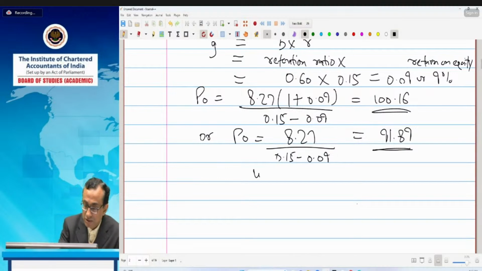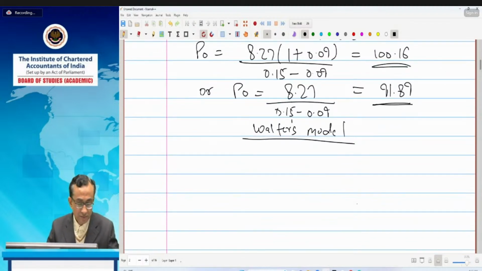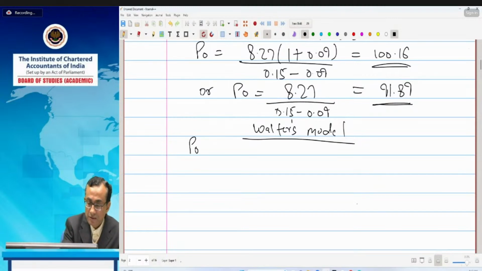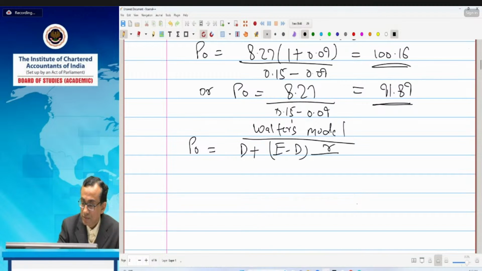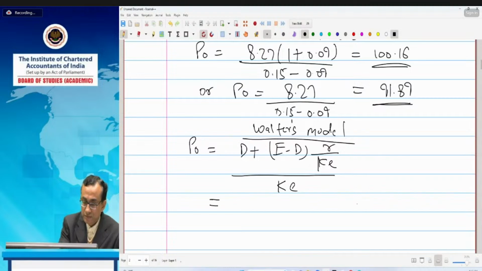Now come to the Walters model. First of all, let us write the formula. P0 is equal to D plus E minus D into R upon KE, all upon KE. So put the values into the formula.